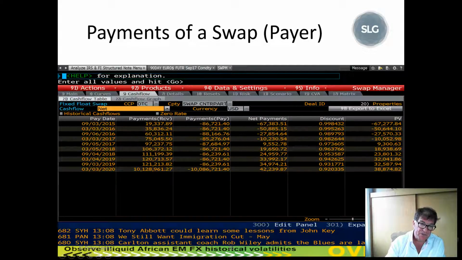You can see the floating payments, and this does include principal, just the way Bloomberg does the calculations, it doesn't make any difference. The floating payments do increase with time, as the curve we saw would suggest. The fixed payments, of course, do not increase with time. They are fixed, and they are the same throughout the life of the swap.